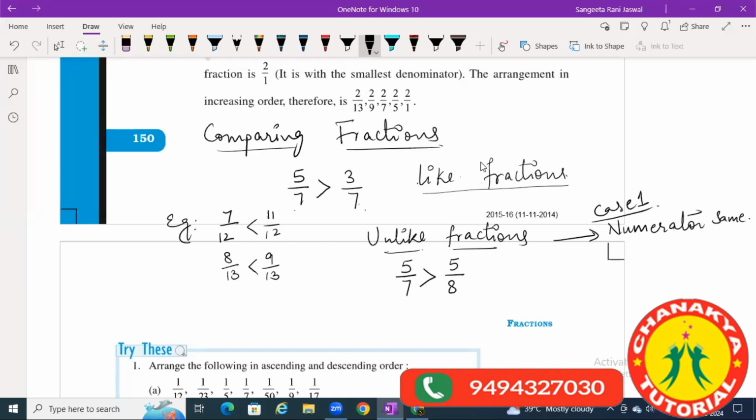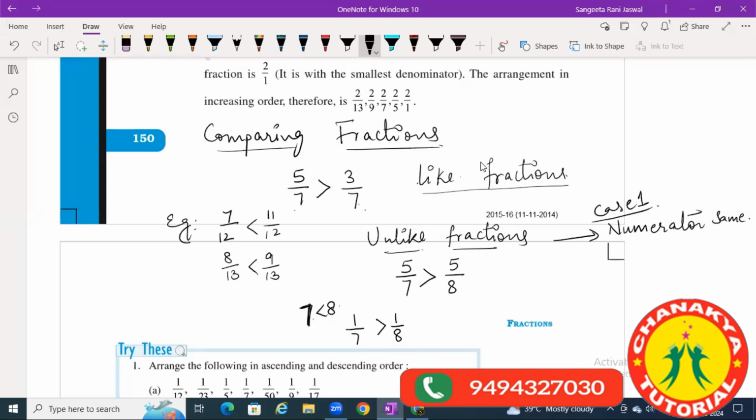And one more thing you can see here, because 7 is less than 8. So if I take 1 by 7 and 1 by 8, when I take the reciprocal, the sign changes. This also you have to remember. We all know 7 is less than 8.